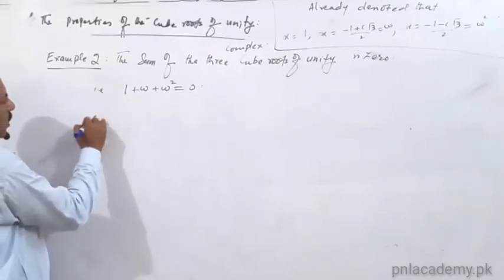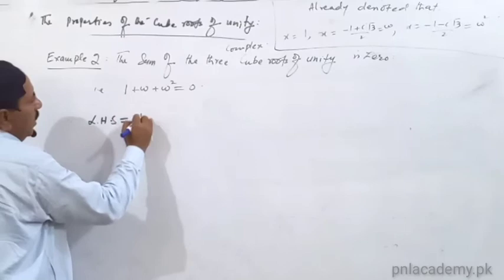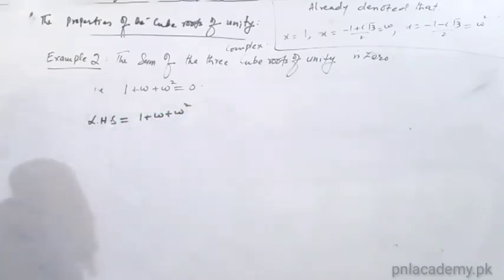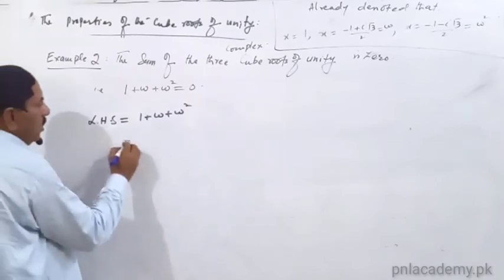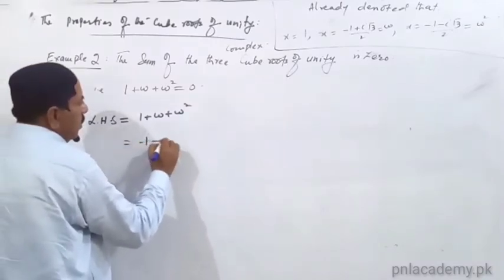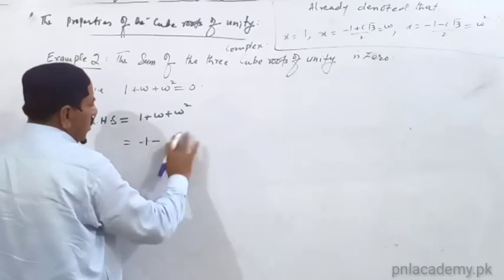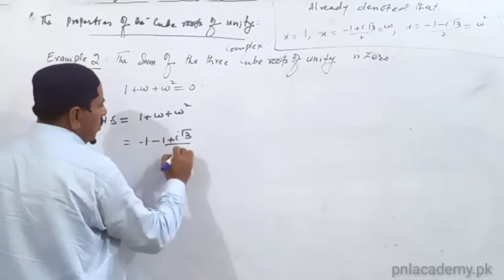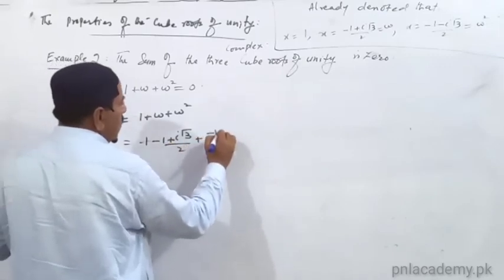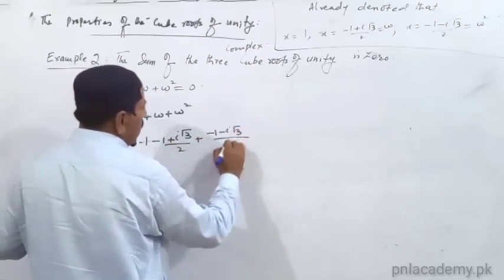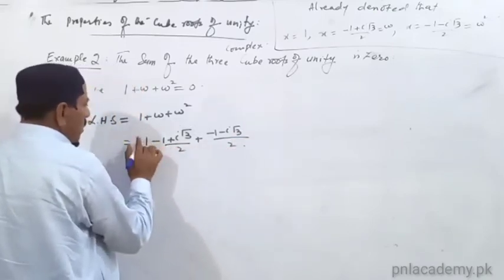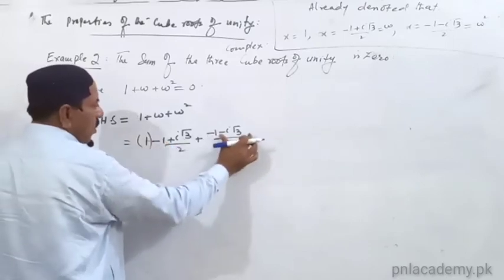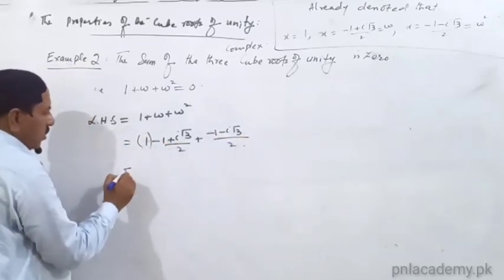So therefore, the left hand side is 1 plus omega plus omega square. After substituting the values, this will be 1 plus minus 1 plus iota radical 3 upon 2 plus minus 1 minus iota radical 3 upon 2. So these are the three roots: 1, omega, omega square.